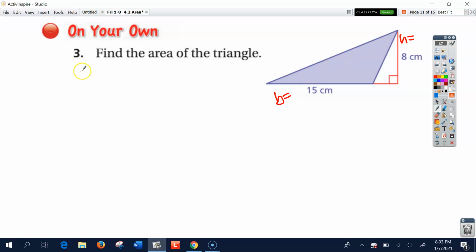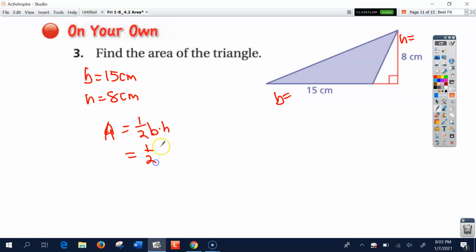On your paper, remember what I asked you to do. You're writing the base equals 15 centimeters and the height equals 8 centimeters. And then you're always going to write out the formula. Area equals 1/2 base times height. And then I plug in the numbers, 1/2, 15 times 8. Okay, I'm glad I have one like this that I can show you.